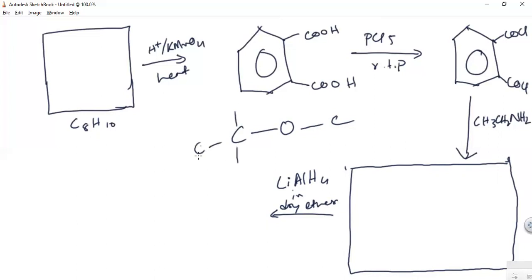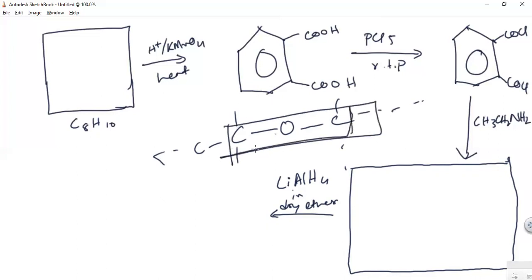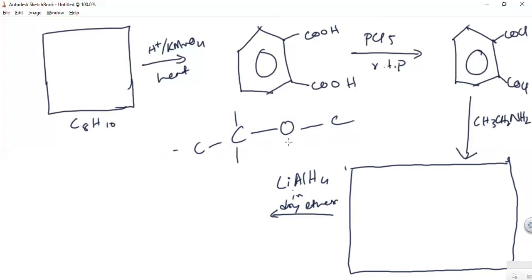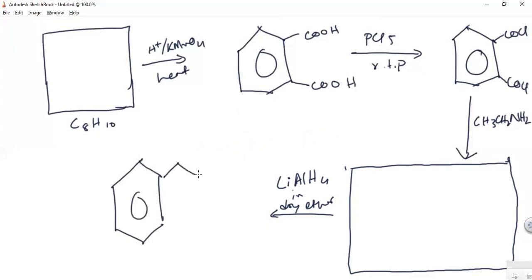We have other substances and other bonds, but the bond which contains this carbon-oxygen bond is known as the ether group. Now when we add LiAlH4 in dry ether, we tend to get this product. Okay, so this is basically it.